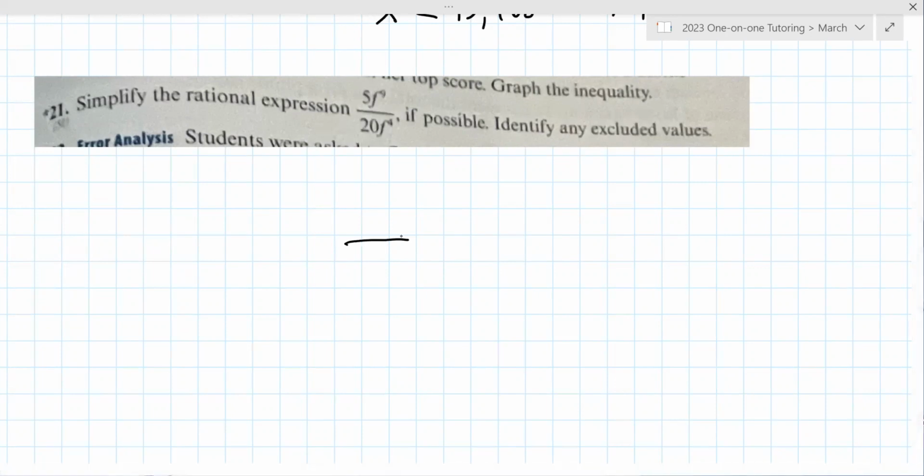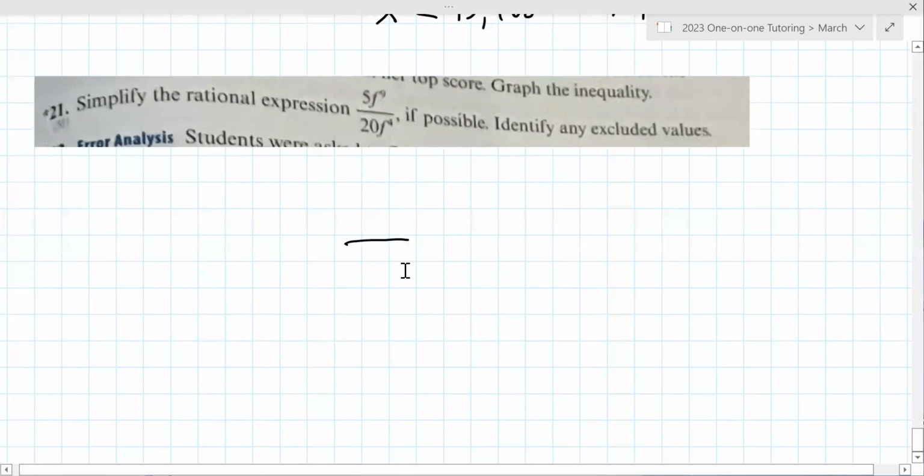Sorry, I was doing the number. We can take away 5f to the fourth from both of them. So what does the numerator become? F to what power? F to the fifth.